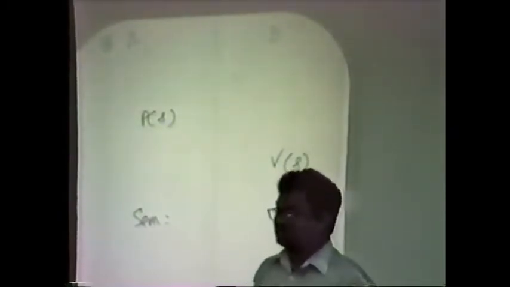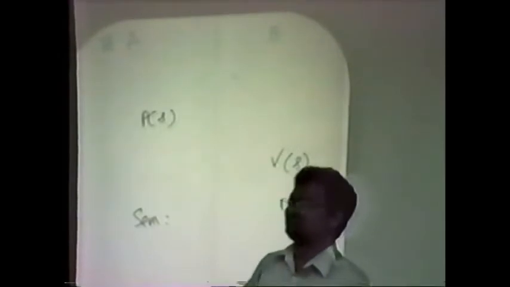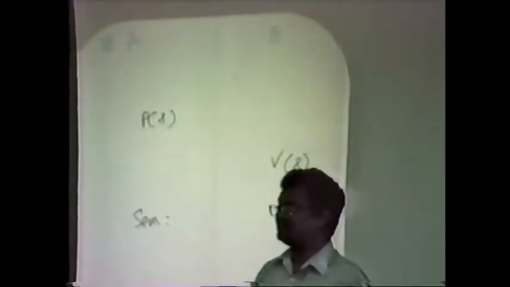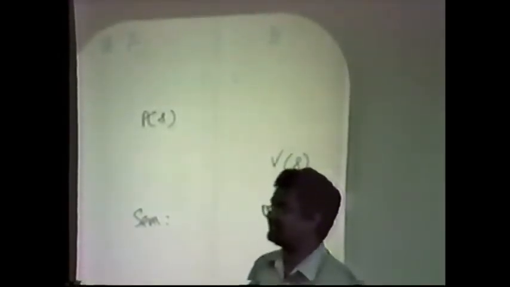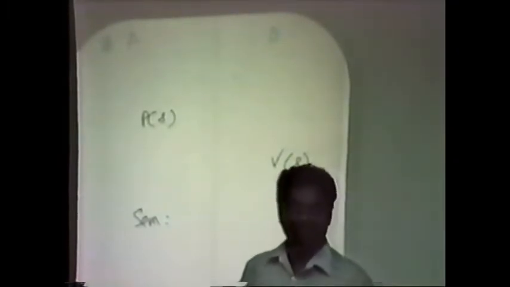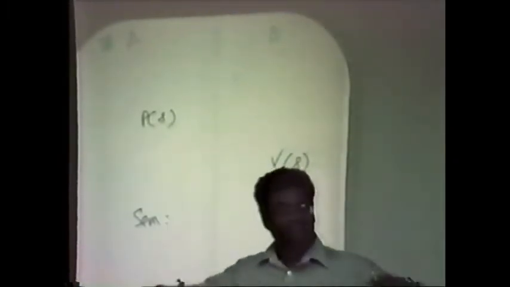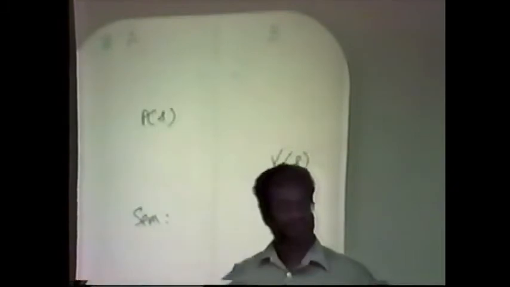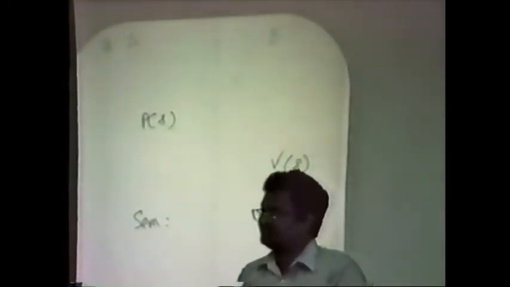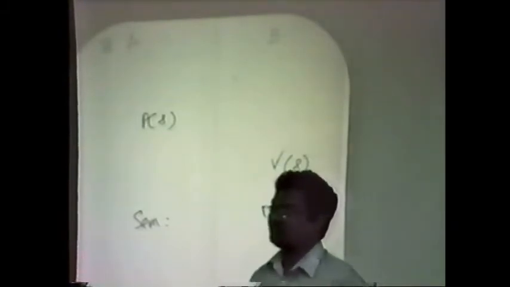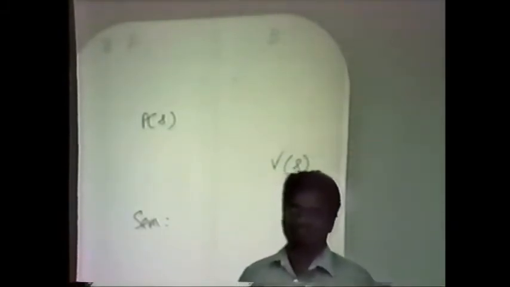However, this is not a truly distributed solution. Why? SEM is a third process which has now become a master in a certain sense of A and B. It controls how A and B do it. And so this is not a so-called peer-to-peer solution.